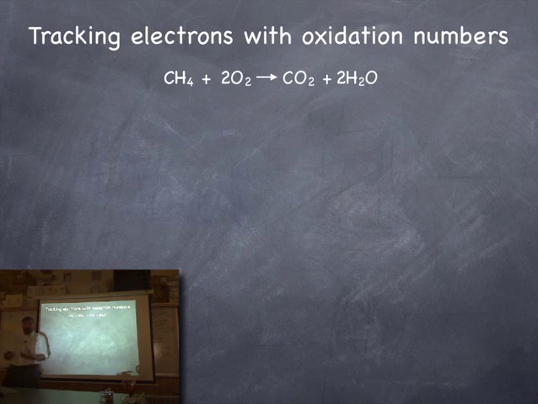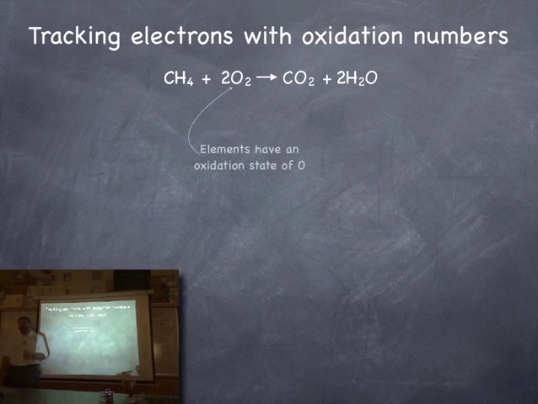The compound itself may not have a charge, but we keep track of how many electrons it's gained or lost from its base state as a way to track where the electrons are going. If we see a change in oxidation number, we know that we've had a redox reaction take place. We've had a transfer of electrons in some way. So there are a few simple rules that we have to learn to be able to assign oxidation numbers.